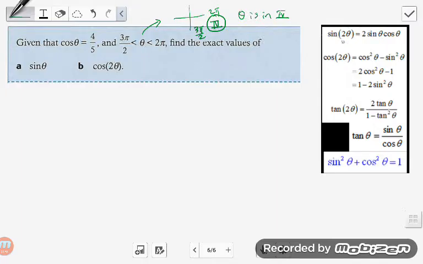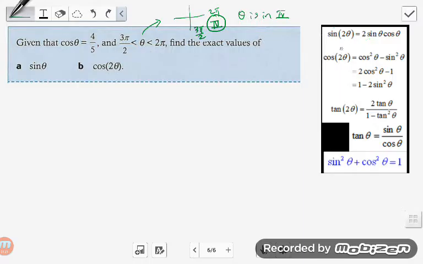So is sine 2 theta going to help? I need to find sine theta, right? Sine 2 theta requires sine theta too, and I don't know what that is. Right now I have two unknowns, so I'm not going to use that. I have too many unknowns, so that's not helpful.